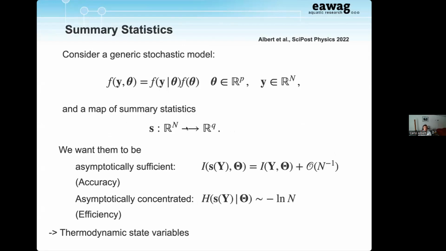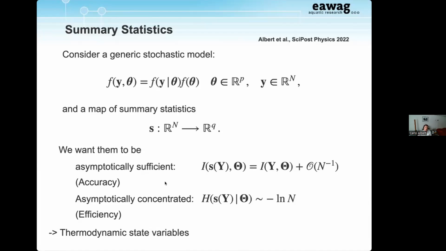And then we have a summary statistic, which is simply a map from the output space onto some lower dimensional space, R^Q. Again, Q is typically small, of the order of the number of parameters. And now we have this trade-off. We want our summary statistics to be both accurate and efficient. And I think an appropriate way of formalizing these things is using information theoretic concepts.